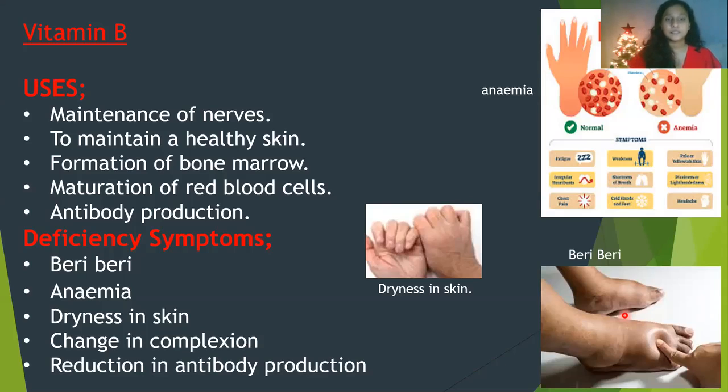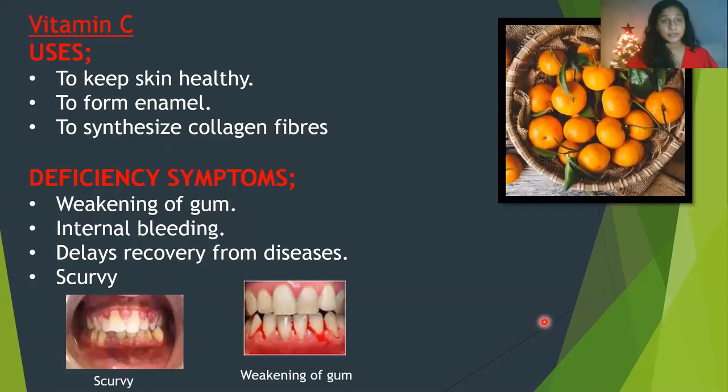The deficiency symptoms are beriberi, anemia, dryness of skin, change in complexion, that means the color of the skin, and reduction in antibody production. Very critical.